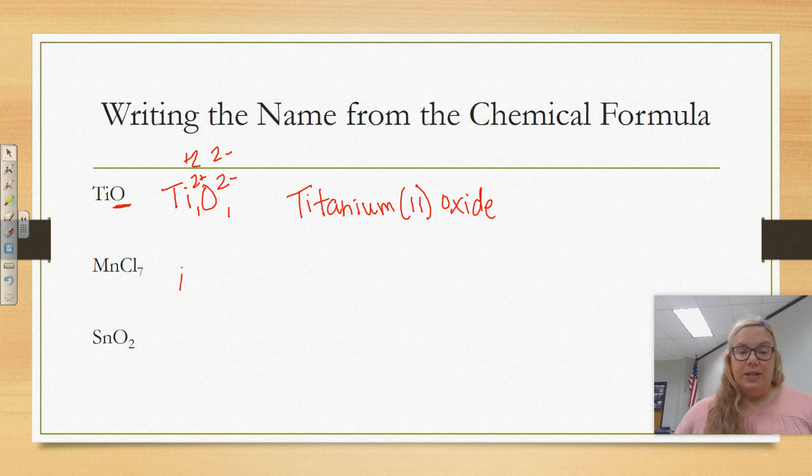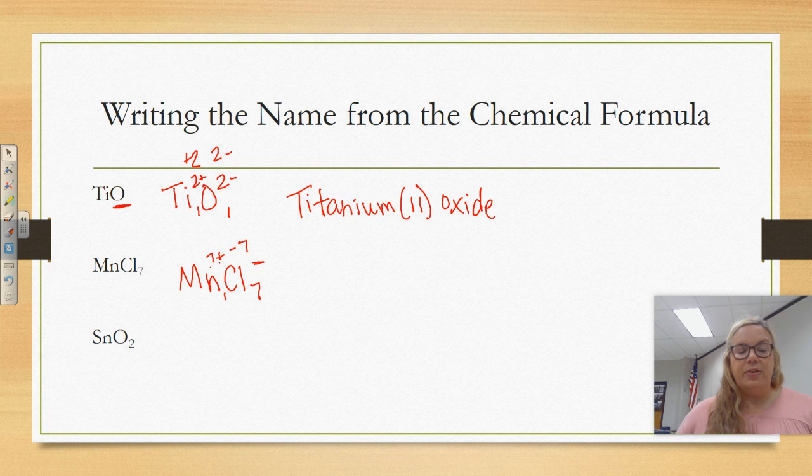Now this one's a little bit different. I have MnCl7, good gracious. So Cl is a -1 charge. 7 times a -1 is a -7. I only have 1 manganese. So my manganese charge must be a +7, 1 times +7 to cancel that out.